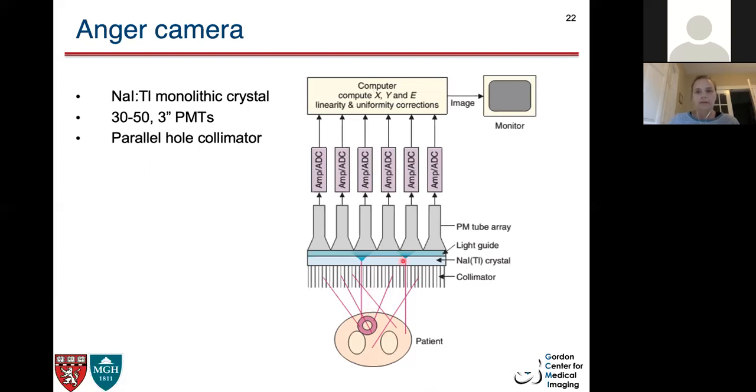And the purpose of the light guide that is used here is to spread the light. We see here that an event happened here, and the scintillation light will spread. We want it to spread to reach several photodetector elements so that we can determine the position of the interaction. I will talk about this more in a later slide.